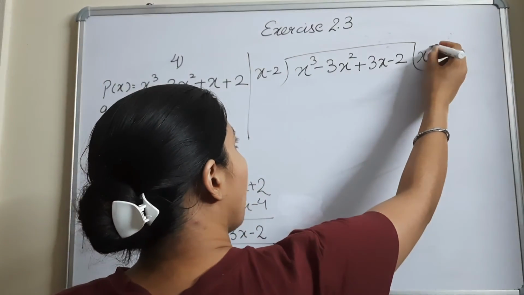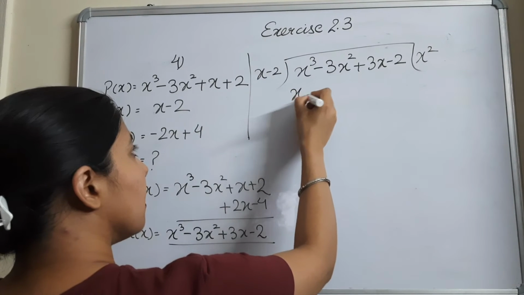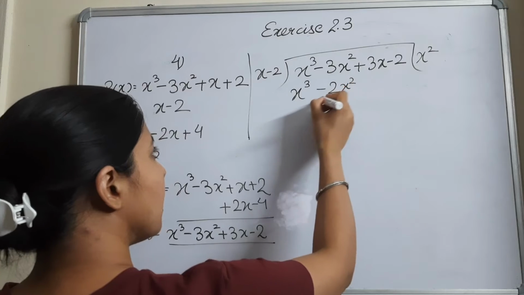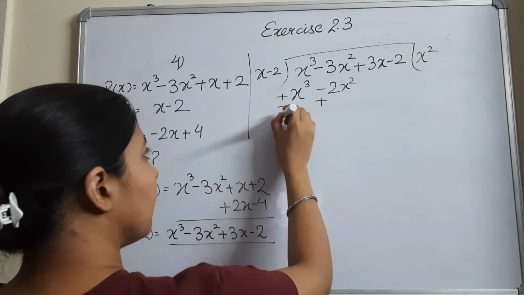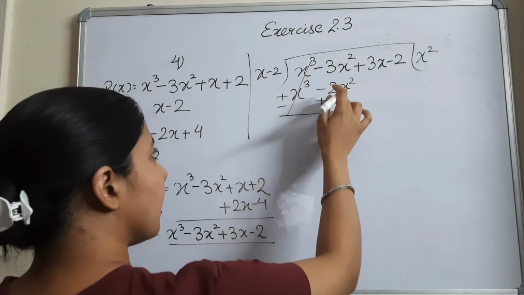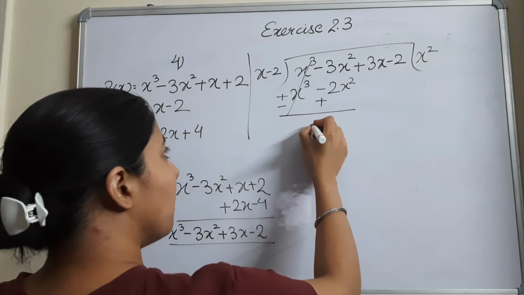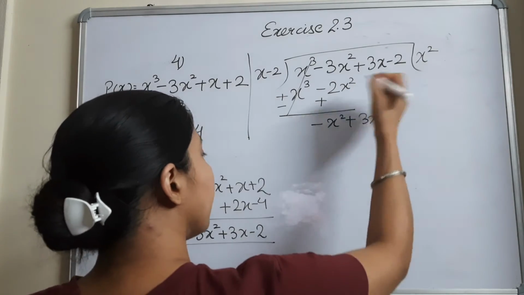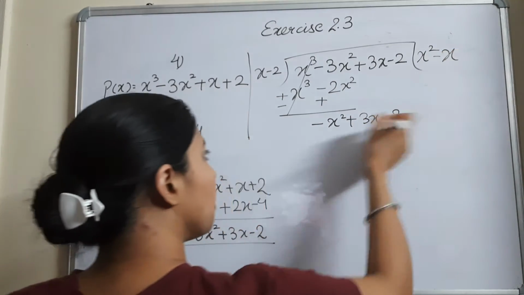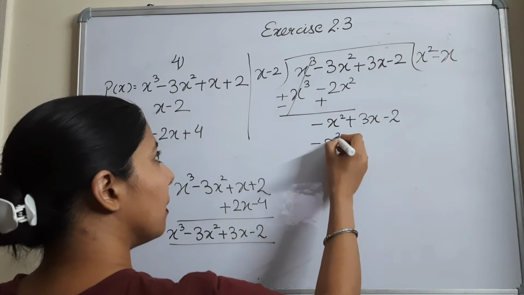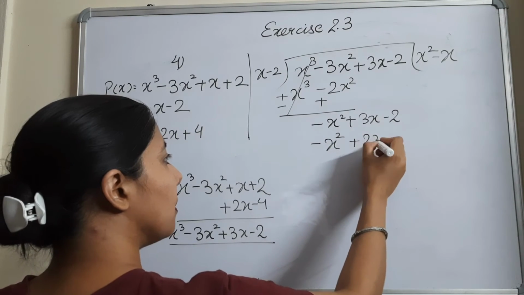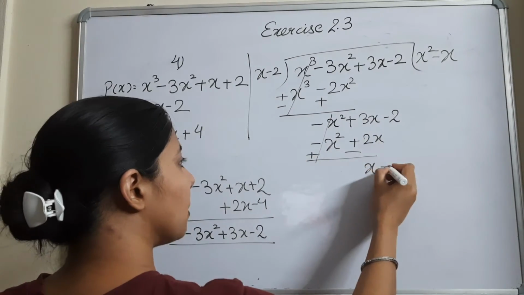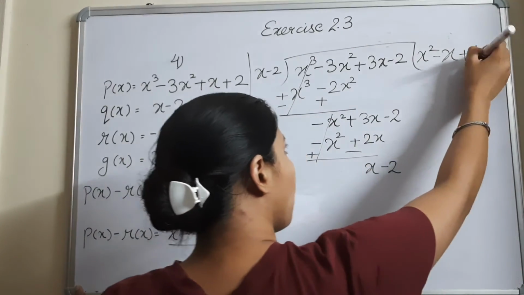First term will be x square. Multiply this by x square, it will be x cube minus 2x square. Now change the signs, cancel it out, it is minus x square plus 3x minus 2. Now the next term will be minus x, so write it down as minus x square plus 2x. Now change the signs, cancel them out, it is x minus 2. Now the next term will be plus 1.